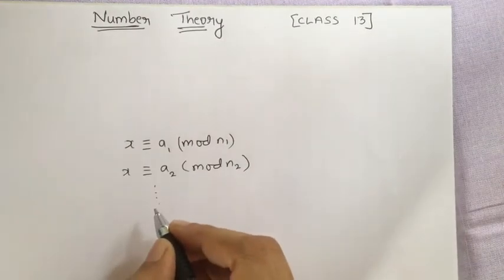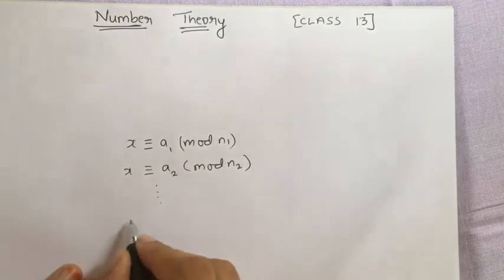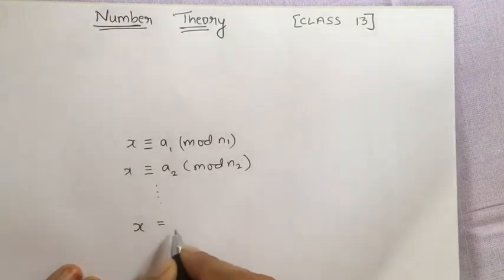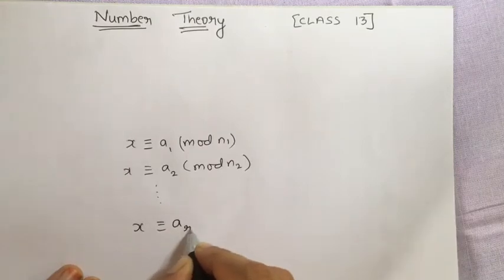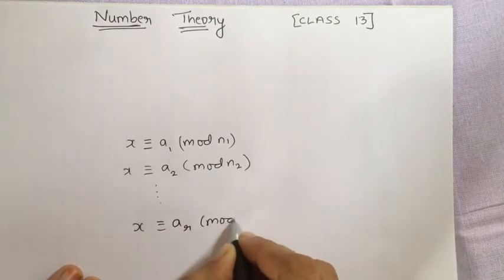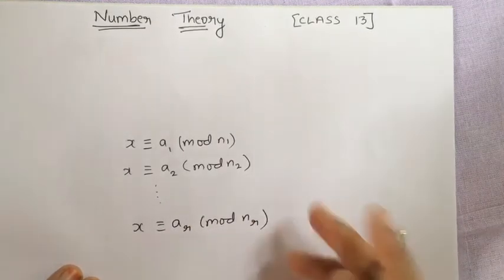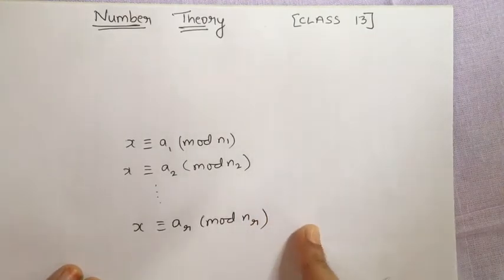Say you have r linear congruences, x is congruent to ar mod nr. Then how to find the unique solution satisfying this?